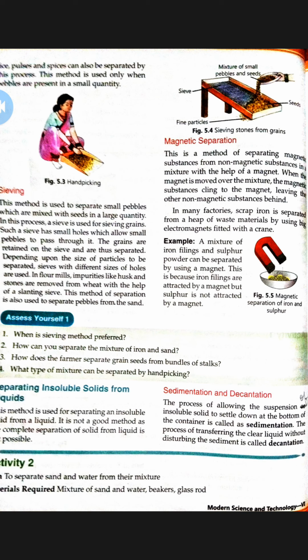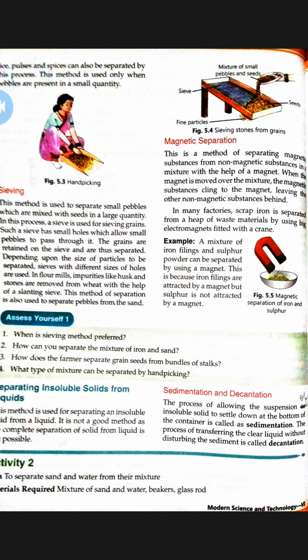These are large enough to allow water to pass through but do not allow particles of insoluble substances like chalk powder, sand, sulfur, etc. So what happens? These pores, small holes, are sufficient for water to pass through them, but all these insoluble substances like chalk powder, sand, sulfur, etc., will not be allowed to pass through.